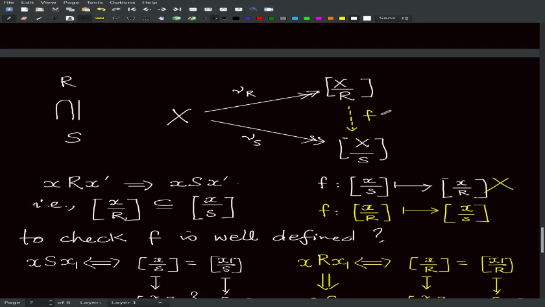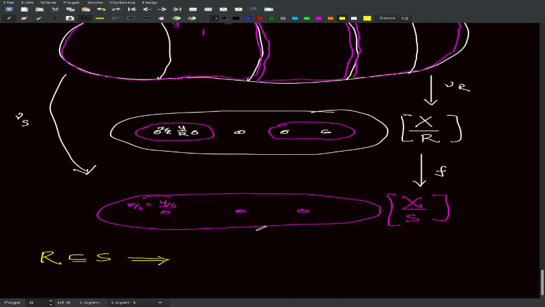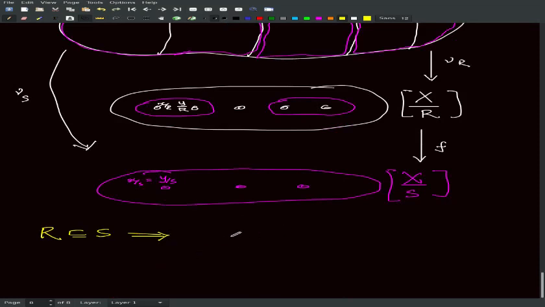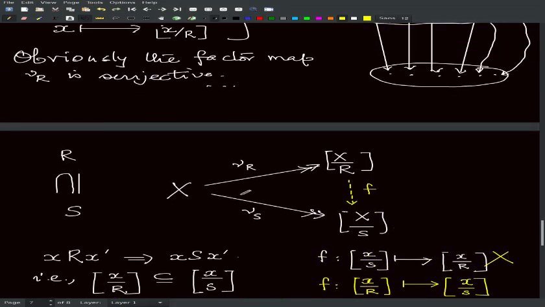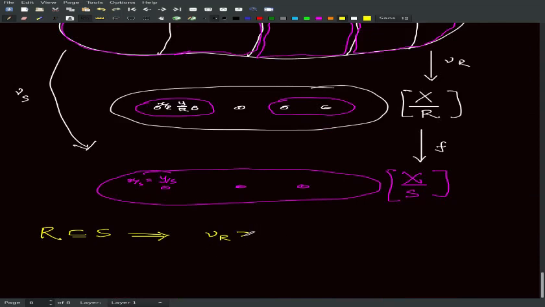Now what did we say therefore? If R is smaller than S, then remember, as surjections, we were comparing surjections, so mu R is bigger than mu S. Okay?